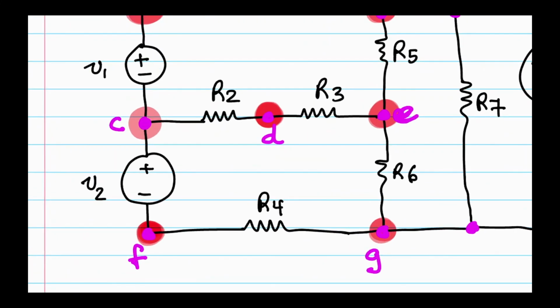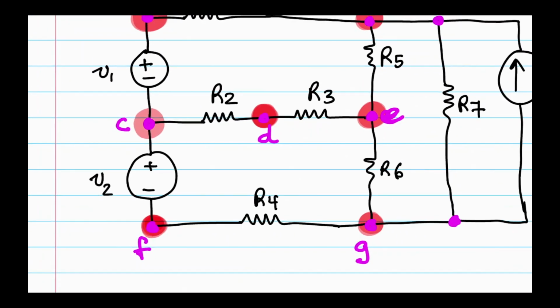How about C? C certainly is an essential node because there are three or more elements joining there. Now D is not an essential node. E is an essential node. F is not an essential node. G is an essential node, right?